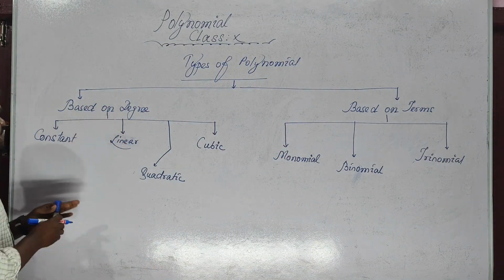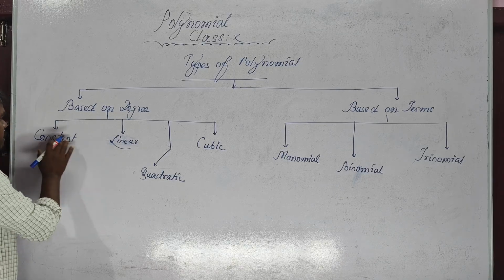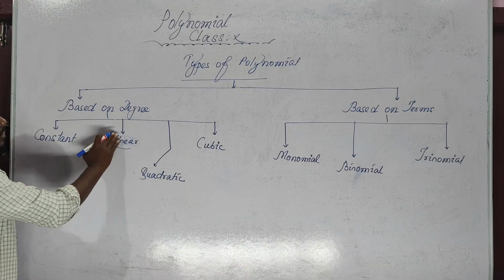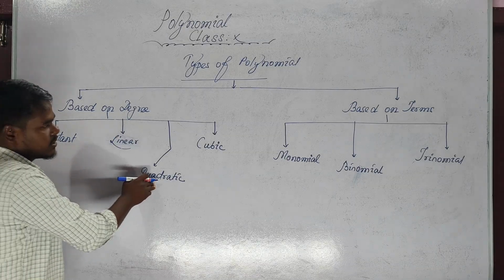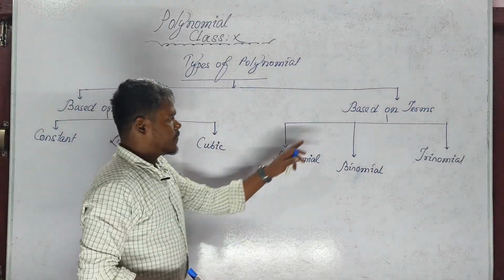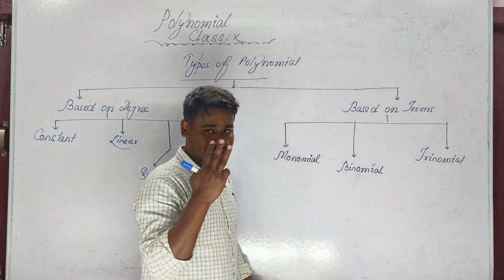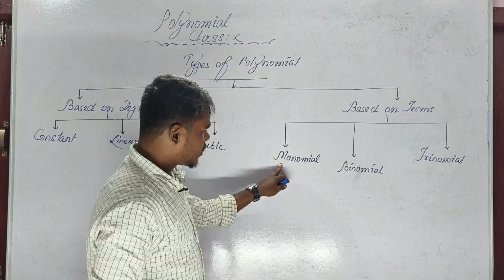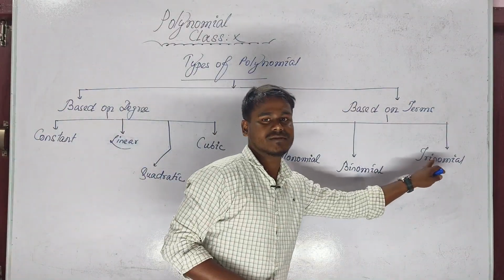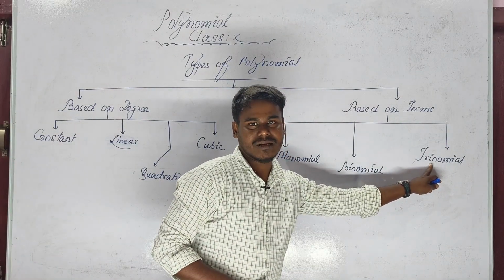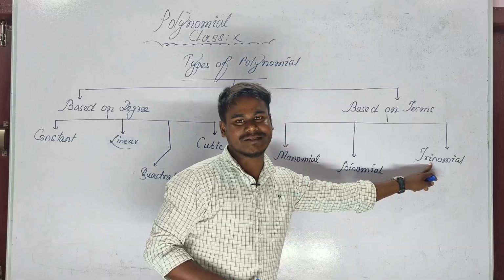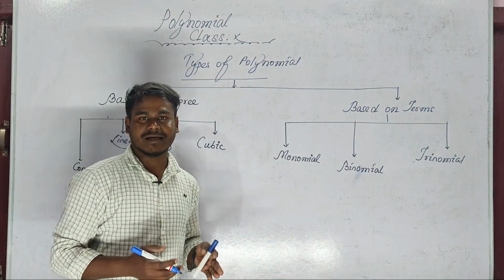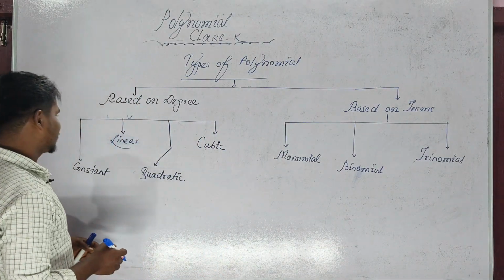Based on the degree, there are total 4 types: constant polynomial, linear polynomial, quadratic and cubic. Based on the terms, there are total 3 types: monomial, binomial and trinomial. Let's explain very well, one by one.